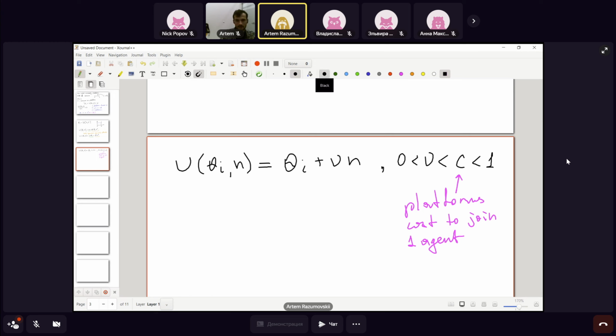So then if we have such a utility function, how do we think about who will join and who will not join the platform? You remember that we have a uniform distribution from 0 to 1.